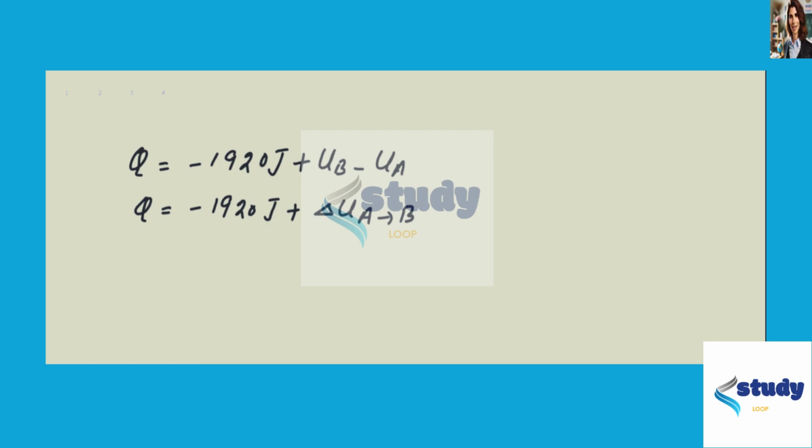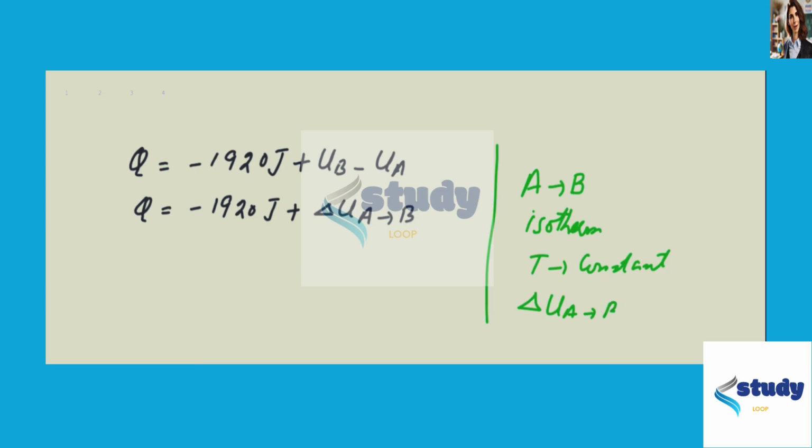As it is given in the problem that segment AB is an isotherm, and in isotherm temperature is constant, this gives us change in internal energy from A to B equal to 0.